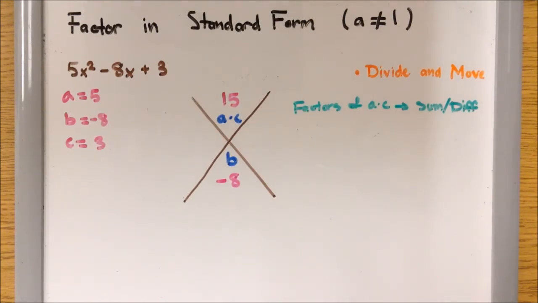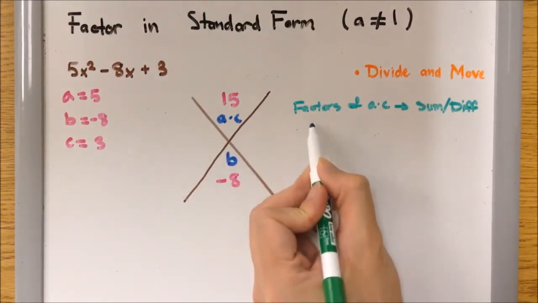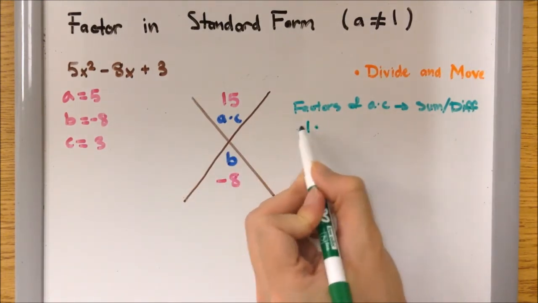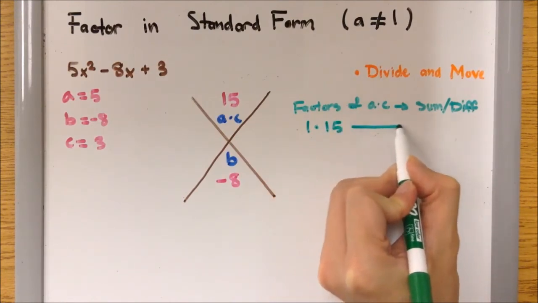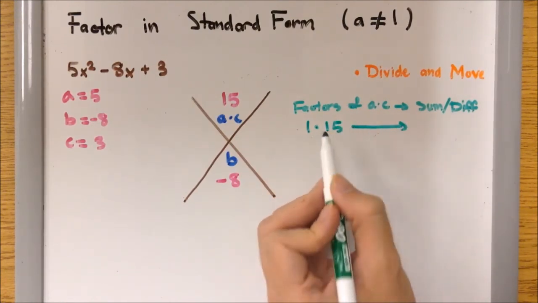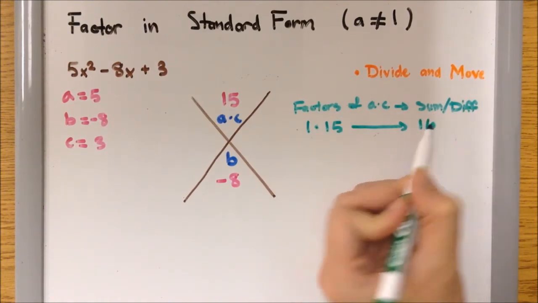Alright, so let's figure out the factors of AC. Now we can do positive 1 times positive 15. So positive 1 and positive 15 will have a sum of 16, which we can't use.